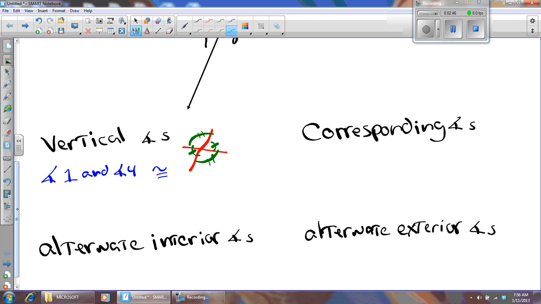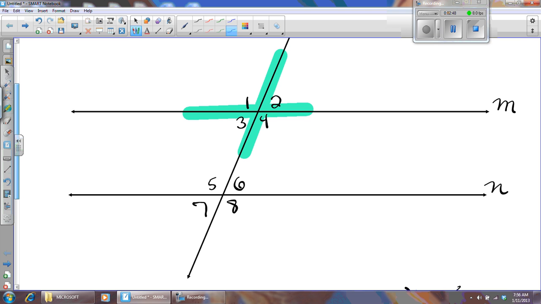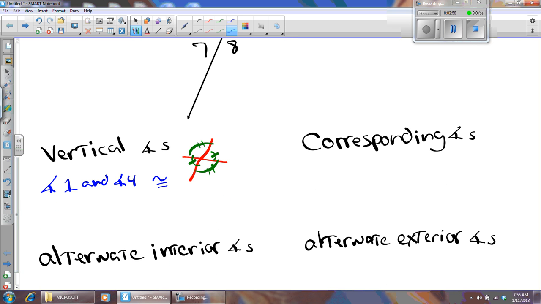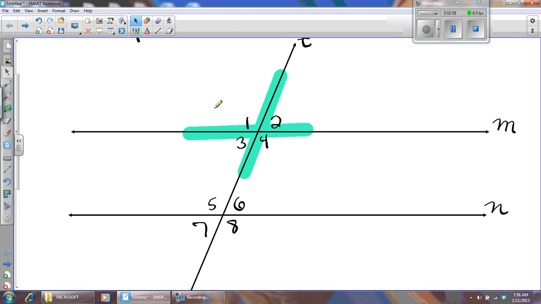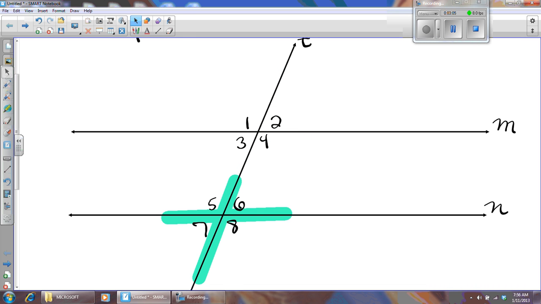It also means that angles 2 and 3 are vertical angles. Now I can move that X around. Those aren't the only vertical angles. I'm not going to list them all out. But if I look down here, I see another X, don't I? That would mean 5 and 8 are congruent, and 6 and 7. Okay. So that's the vertical angles, and they use an X.